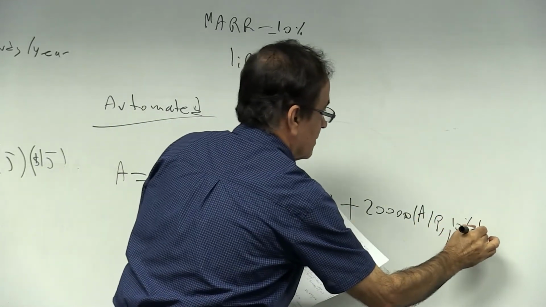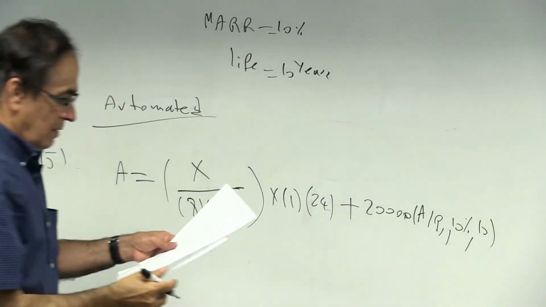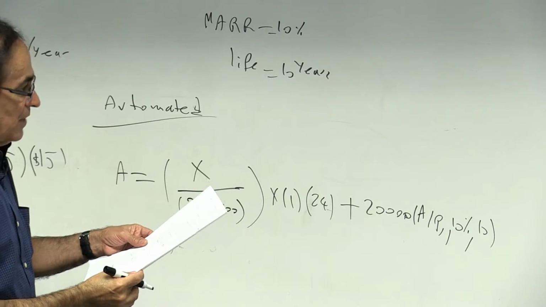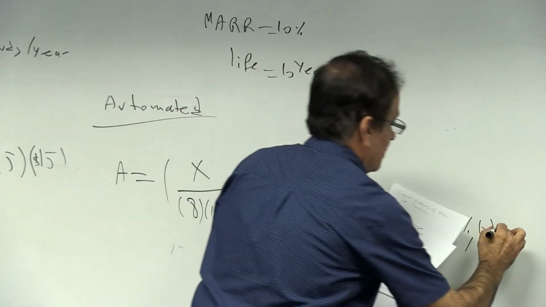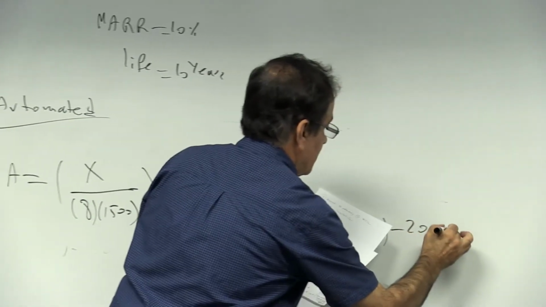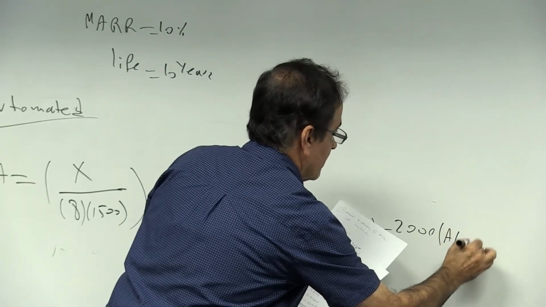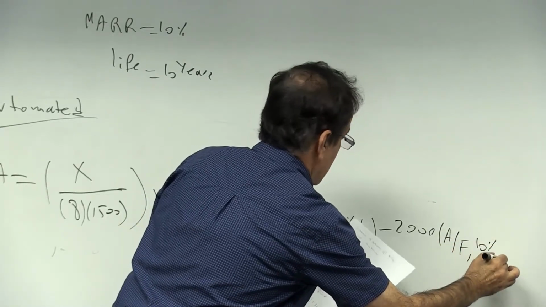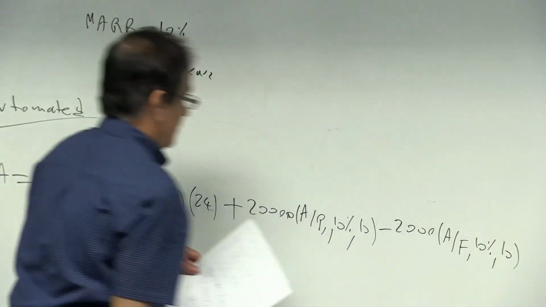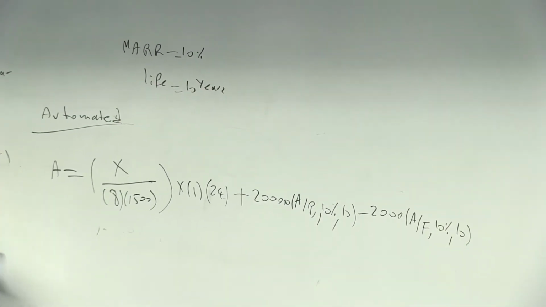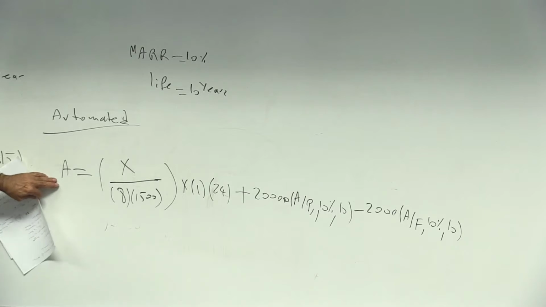Now there's a salvage value of $2,000, so minus 2,000 A given F, 10%, and 10 years.